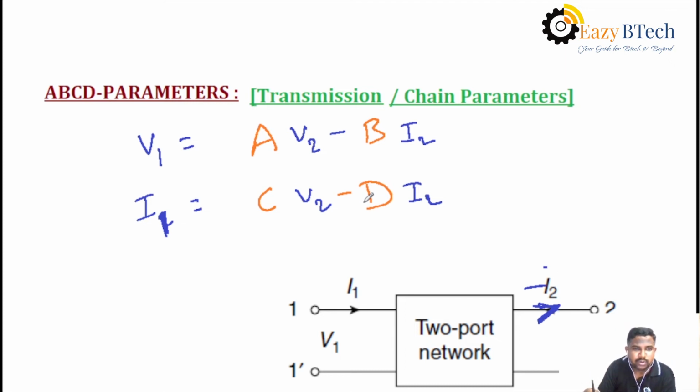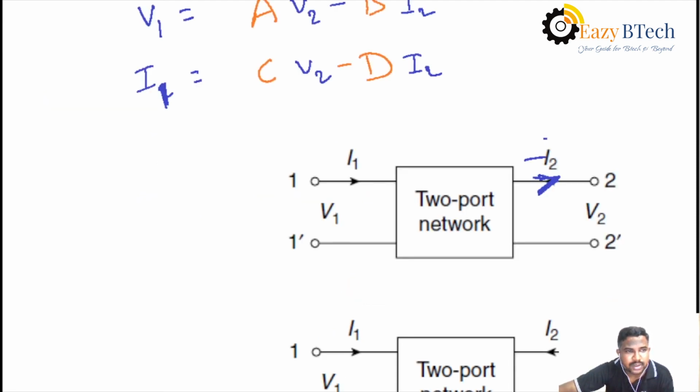Then how to find out? If you want to find the A parameter, that is V1 by V2, then I2 will be 0. That means when current is 0, it will be open circuited. Then we have to find the A parameter and C parameter. The second port will be open circuited. Open circuit means the current I2 is 0.